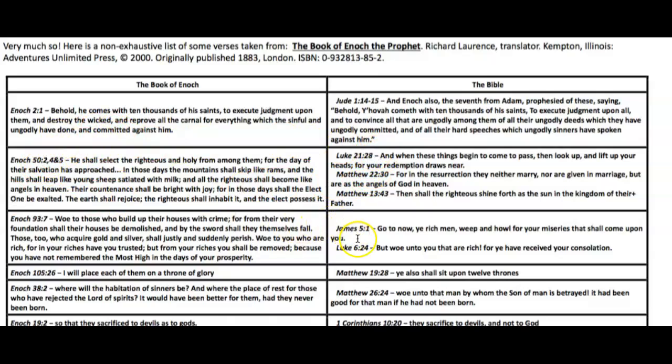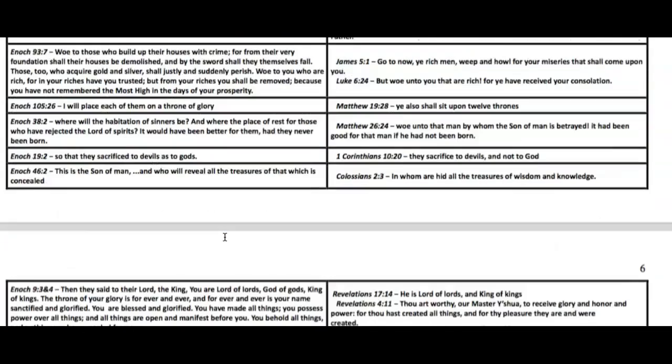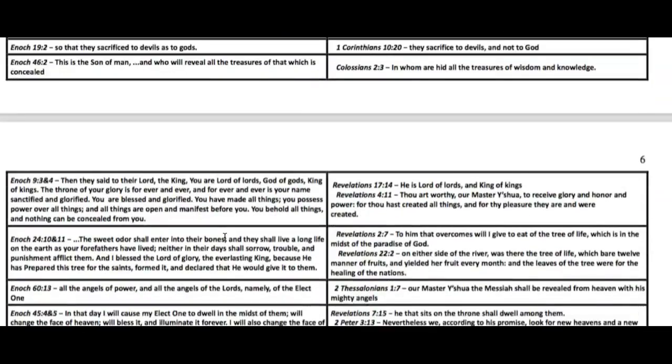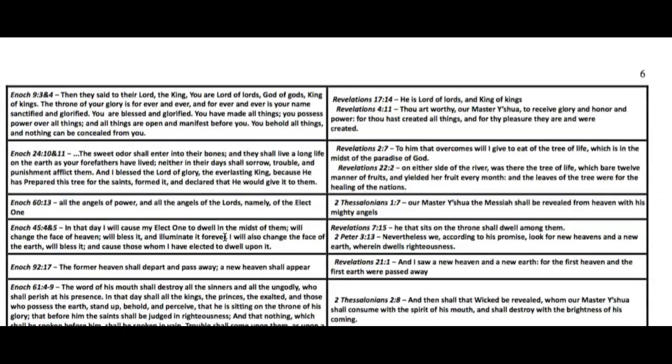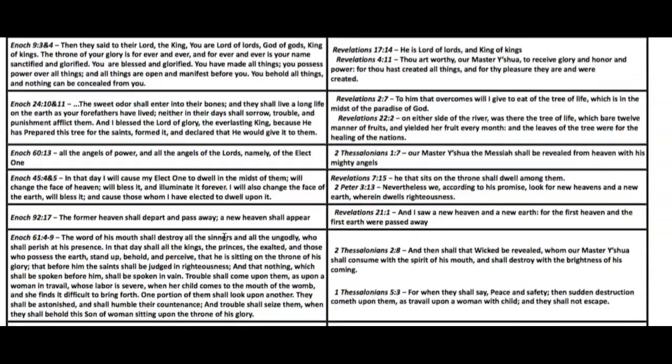It also quotes from the book of James, the book of Luke right here, and even in the book of Matthew 19:28, where Yahusha says, "Ye also shall sit upon 12 thrones," where the book of Enoch also says, "I will place each of them on the throne of esteem," and the list just goes on and on. But this is giving you an idea that yes, even the scripture quotes from the book of Enoch itself. So to say that the book of Enoch is not scriptural is just a form of witchcraft.